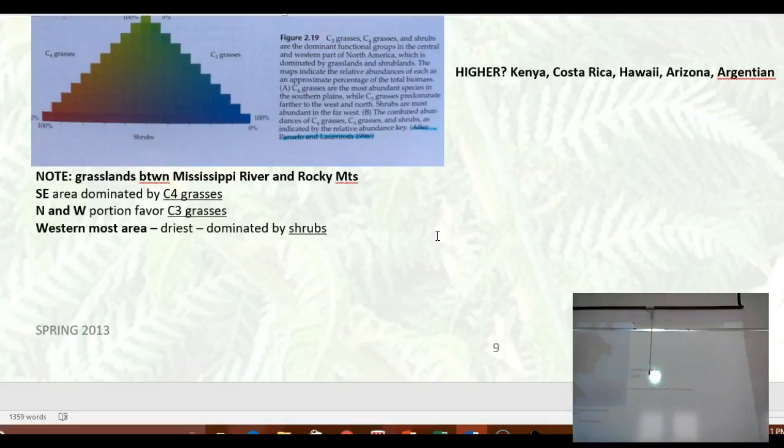You go in, you investigate that a little more closely, and you get a unique research project out of it. I want to get you looking for patterns and trends. That's what ecology is largely about.